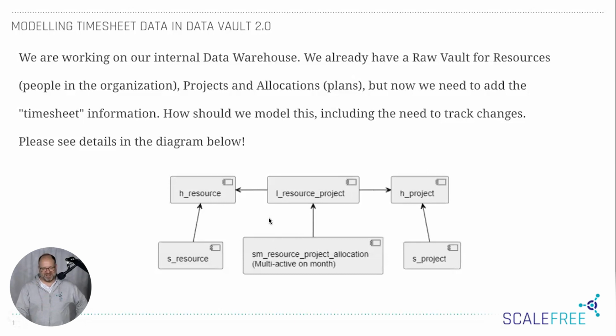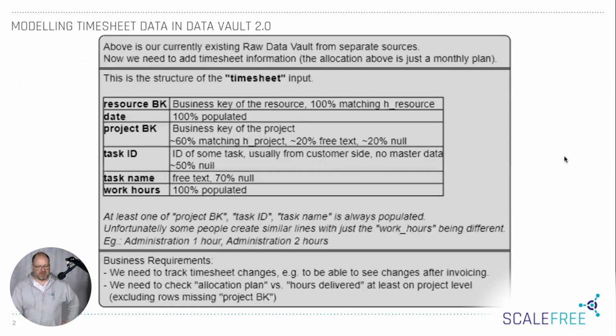Okay, sorry for that. So there's some more. That's a base model. Now they want to add the timesheet data here, essentially. And that's where the problems start. So they got some timesheet data. They got a resource business key more or less matching the previous model. So they got the business key of the resource, matching the H resource. Okay, perfect. They got some data which is 100% populated.